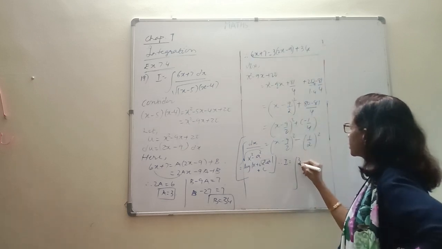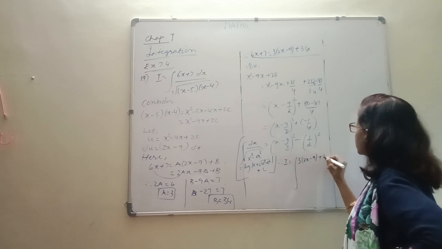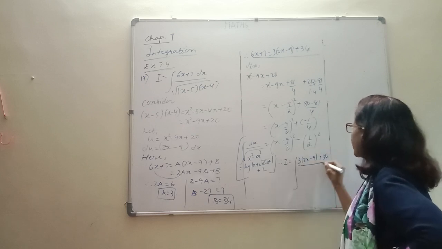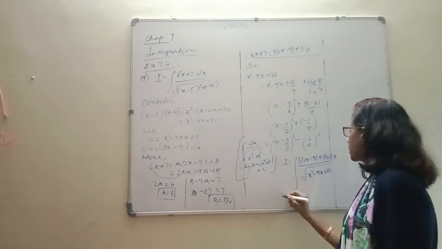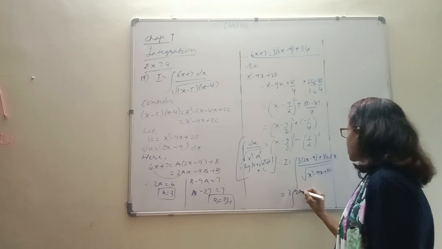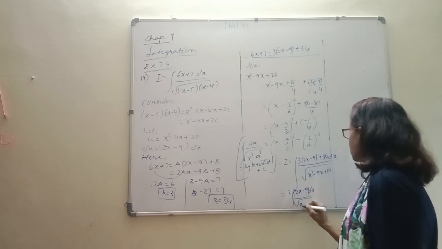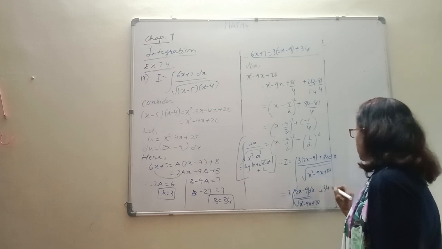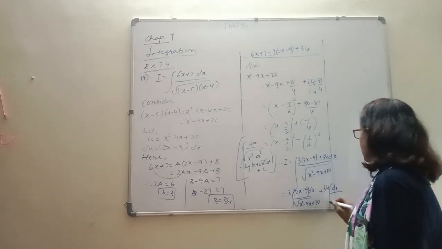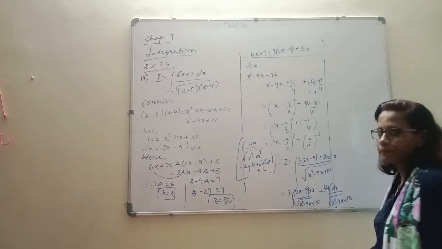So instead of 6x plus 7, we are writing 3 times 2x minus 9 plus 34, and this root x squared minus 9x plus 20 dx, which we are separating: 3 times 2x minus 9 dx over root of x squared minus 9x plus 20, and 34 outside, integral of dx over root of x squared minus 9x plus 20. Perfect now.